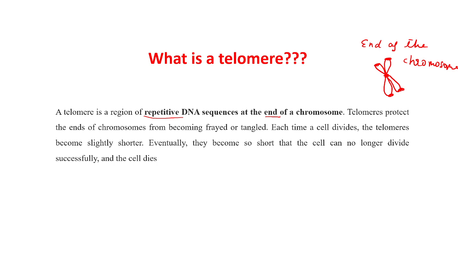So the life of the cell also depends upon the telomeres. The cell is viable as long as we have telomeres of desirable length. After the critical length of telomeres is reached, the cells cannot divide further because further division can lead to a loss of the cell's genetic material, and therefore the cell dies.